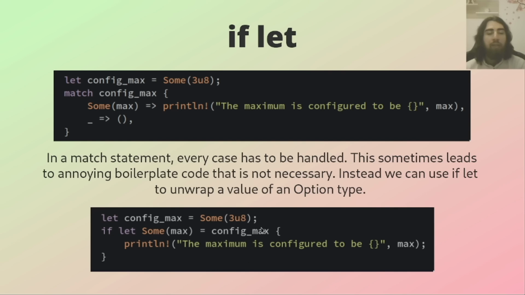And as you can see, this is how we would destructure this value into the variable max. We use the if let keyword and then the pattern. So if config max holds a Some, then the value will get destructured.